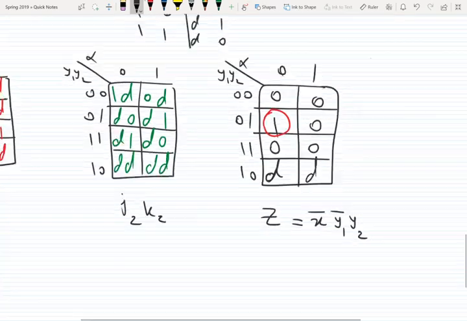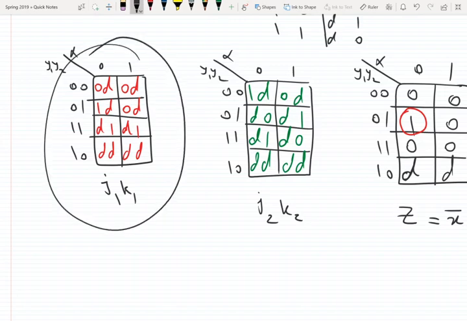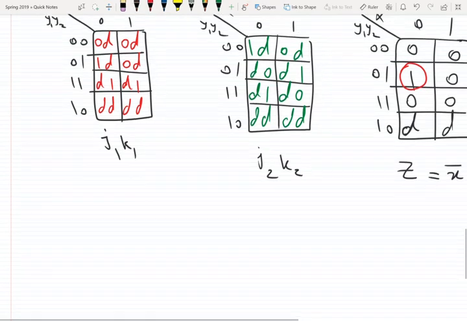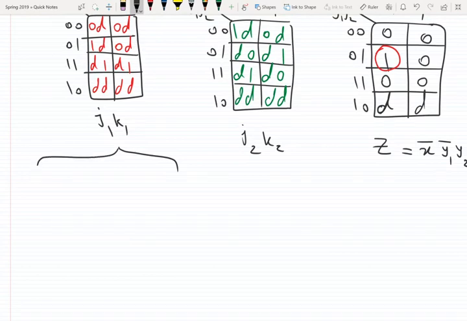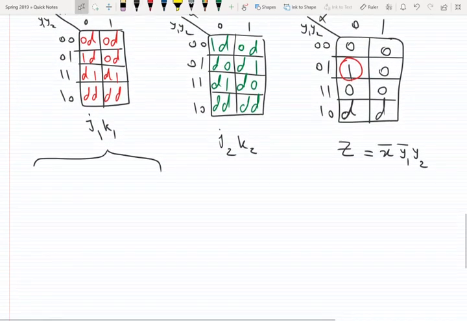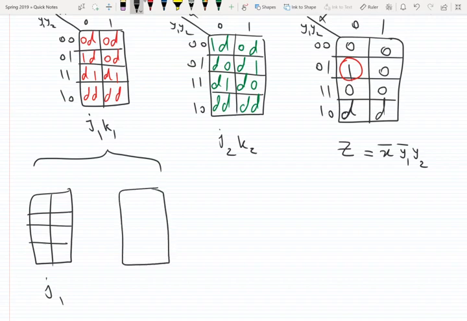What about the other two tables? Because it's JK, we need to find J separately, K separately. We can split this table into two tables, here for K1.